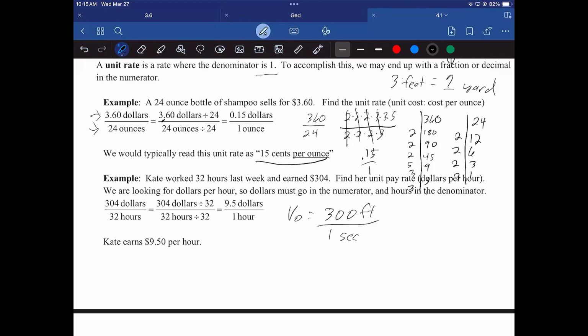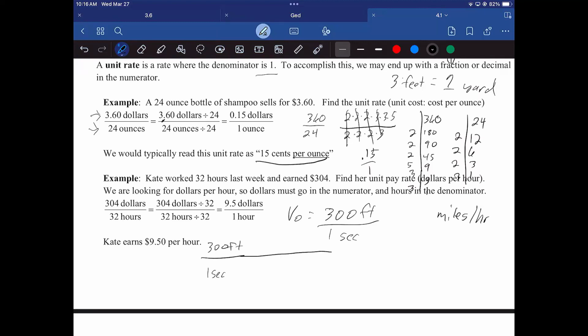And that gives me a frame of reference. I wonder how fast the paintball is traveling when it leaves the muzzle of a paintball gun. So we'll say 300 feet to 1 second.